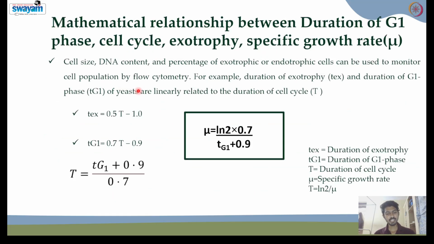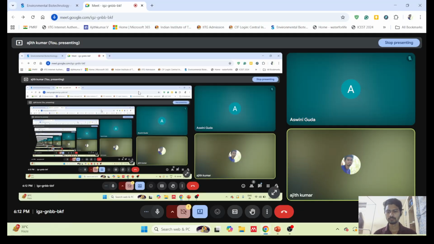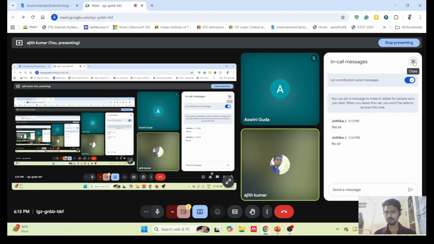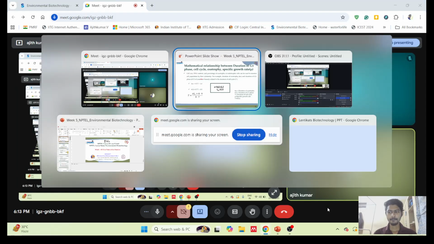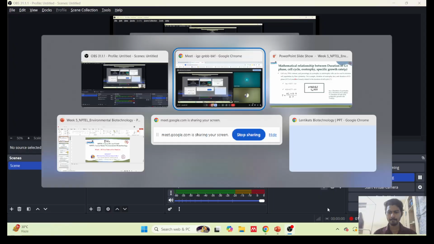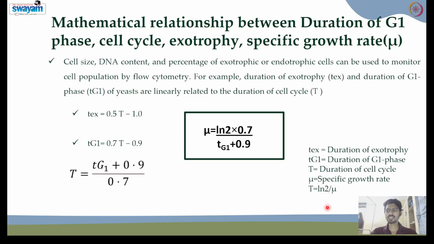And if we see the mathematical relationship between the duration of G1 phase, cell cycle, exotrophy, and specific growth rate, I think we have discussed these concepts earlier.